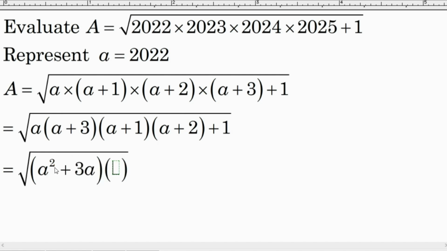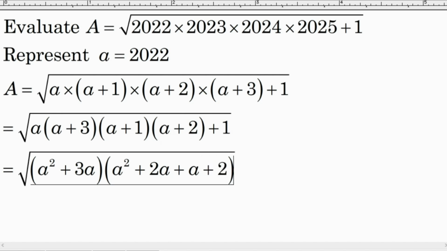Then for the other factors, we get a times a, a square, and a times 2, which is plus 2a, and then plus 1 times a, which is a, and 1 times 2, which is 2, and then plus 1 at the end.